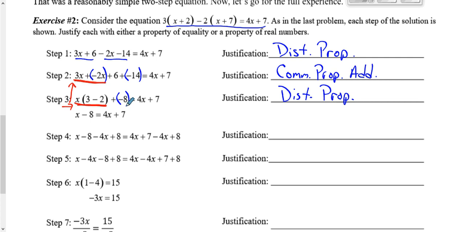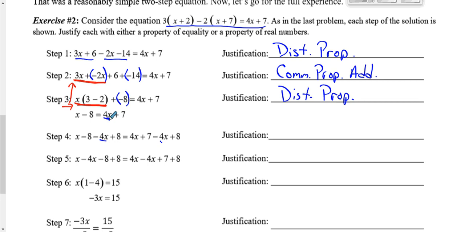See where the 4x is here now? Where was it? There, on the right side of the equal sign. Now it's over here on the left side. What did they do? No, you can't reassociate across equal signs. How are we getting this 4x away from this side and over to this side of the equal sign?